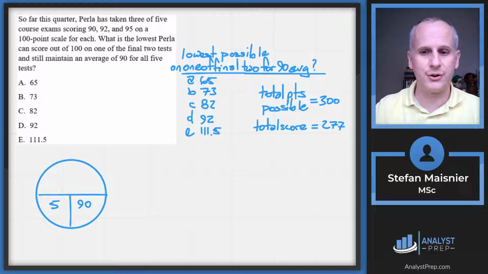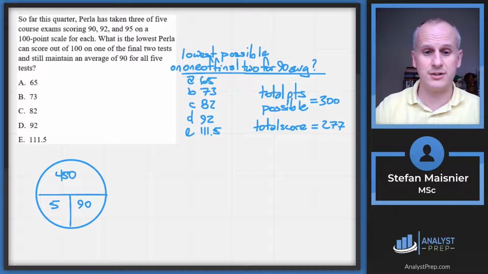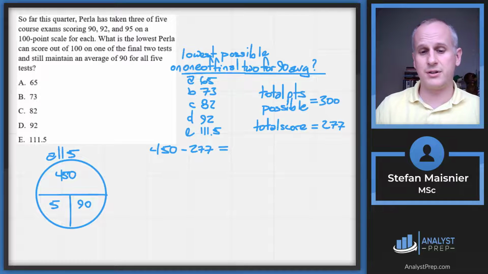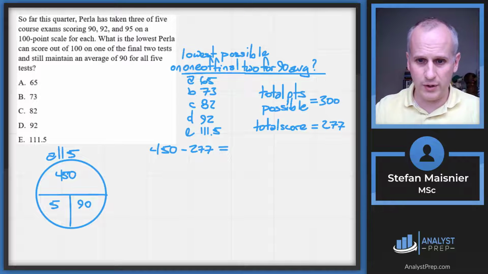So that means her score goal is going to be 450 in total, for all 5. Now, for the remaining 2, 450 minus 277: if we did 450 minus 300, that would be 150, and 150 plus 23 back is 173 needed on the final 2.